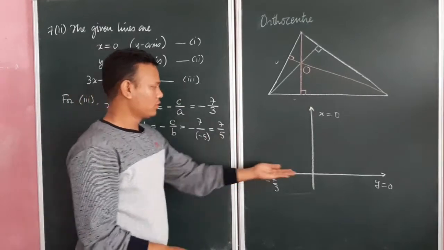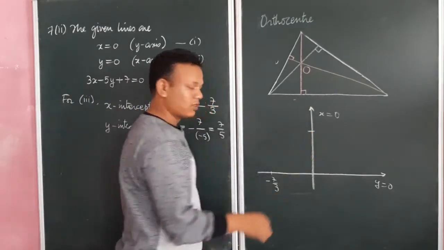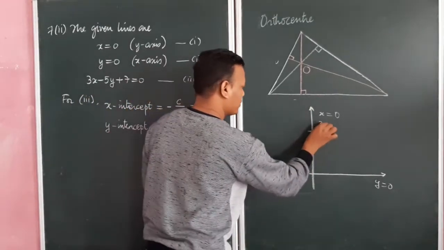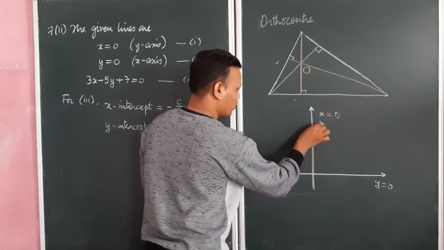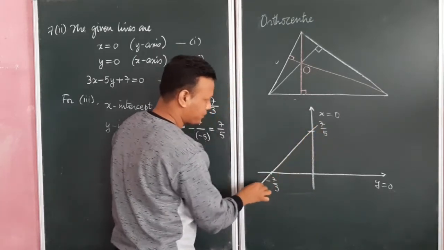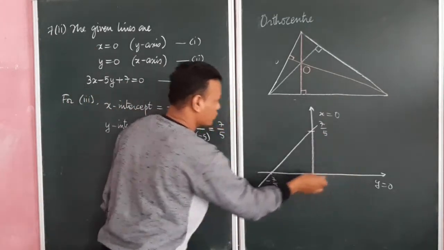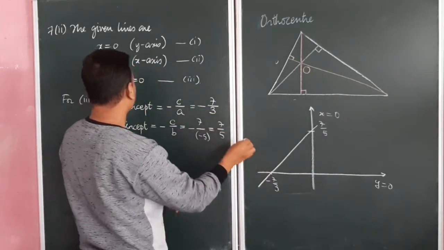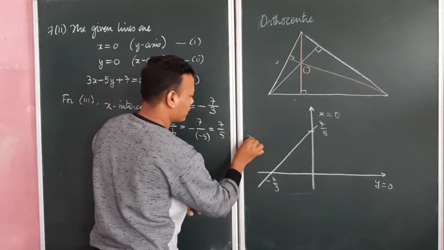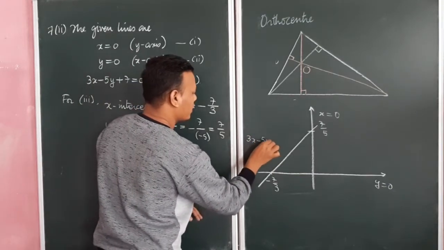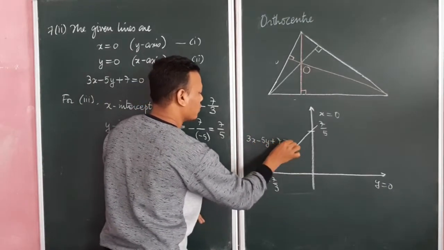Because it is positive. So 7 by 5 lies somewhere over here. I'm just assuming that. So this is my 7 by 5. So this is my third line. So this is my x equals 0, this is my y equals 0, and this is my third line, that is 3x minus 5y plus 7 equals 0.